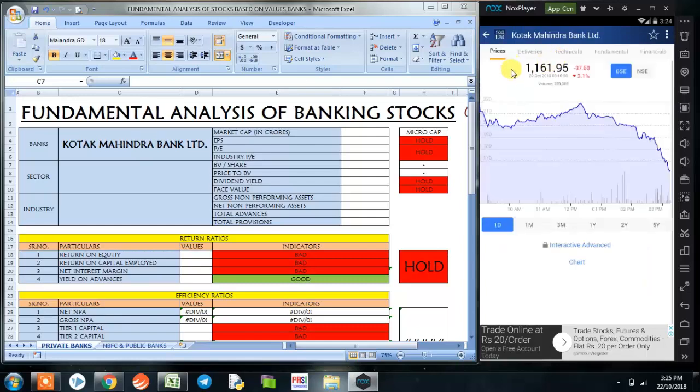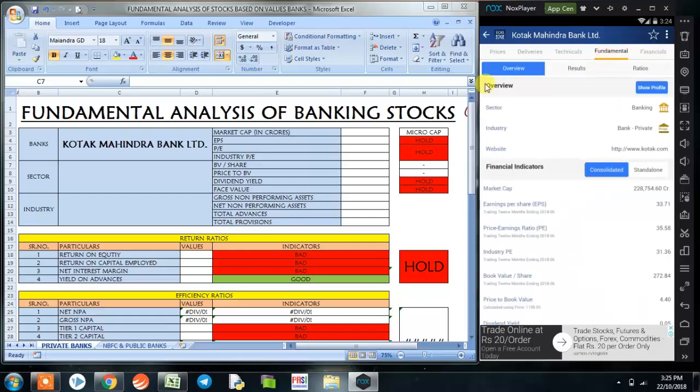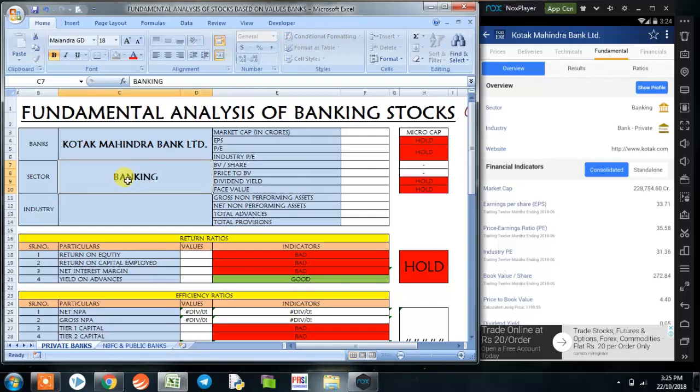Now we could see here the last traded price of Kotak Mahindra Bank was 1161.95 on 22nd October 2018. Going on to the fundamental tab to understand about the sector, industry and the company. So the sector is banking and the industry is bank private.